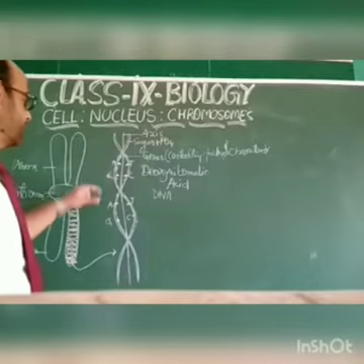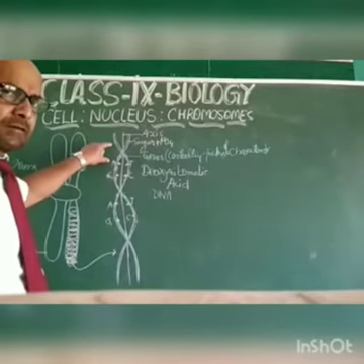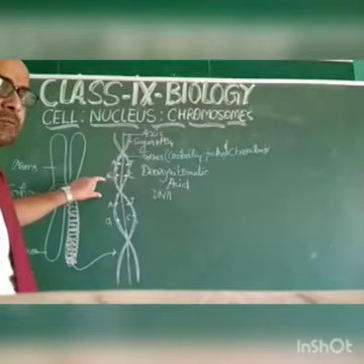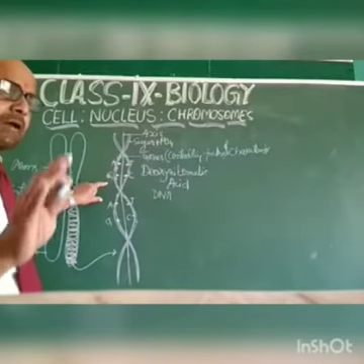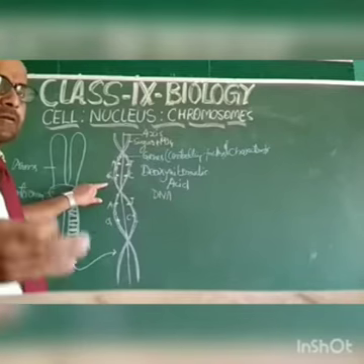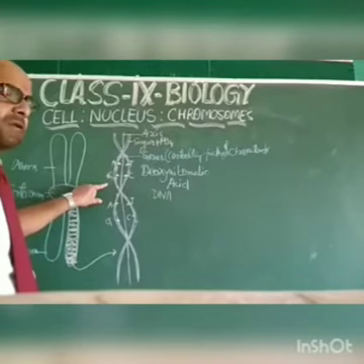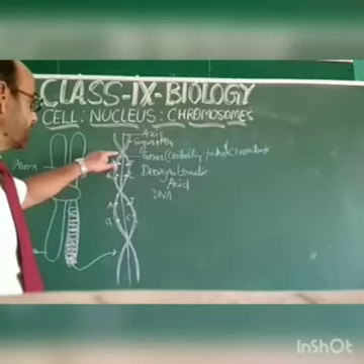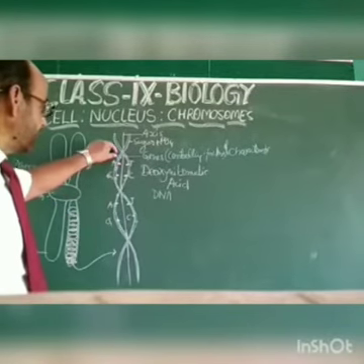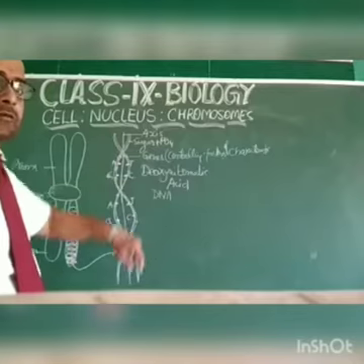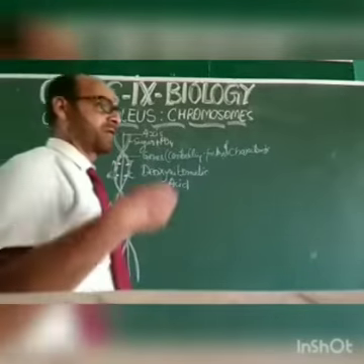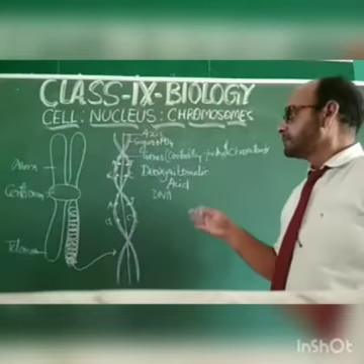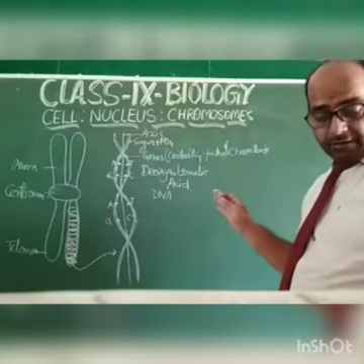That is why this DNA is called the genetic material, and it passes different characters of the father to the son, or different characters of the mother to her offspring, because by this DNA the genes get transferred to the baby, to the next generation. That is why this is called the genetic material.